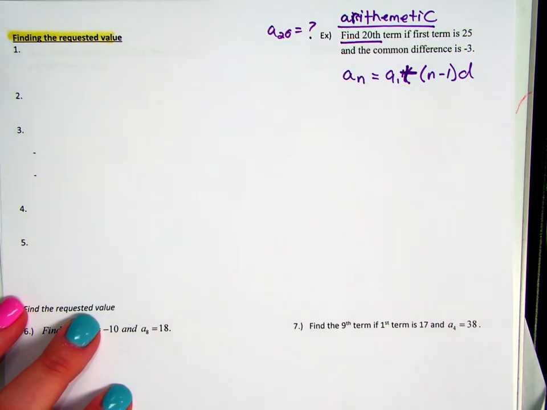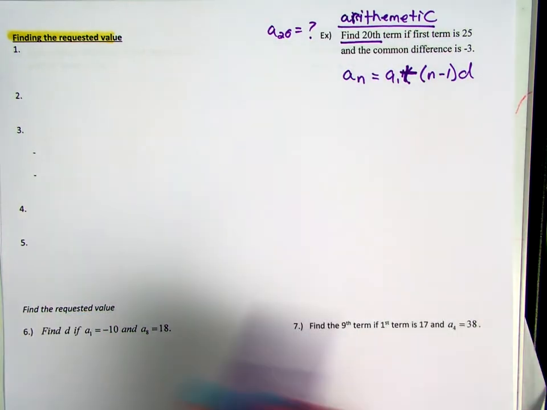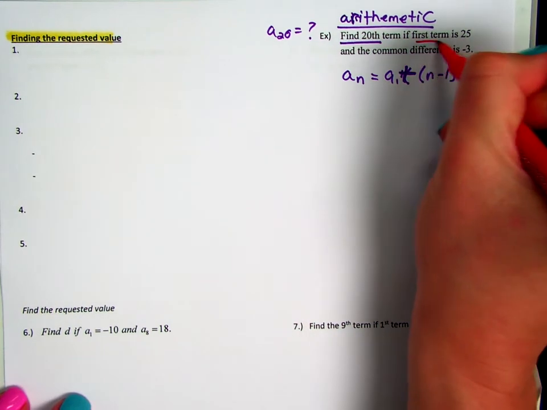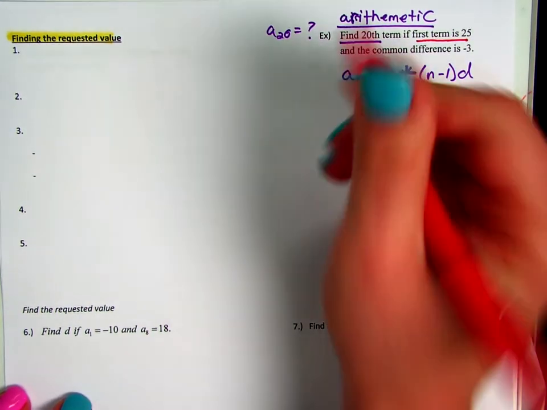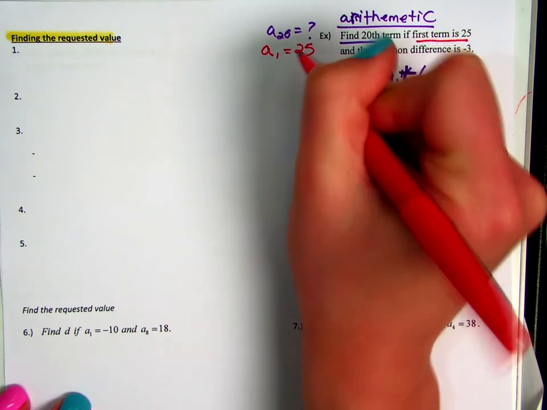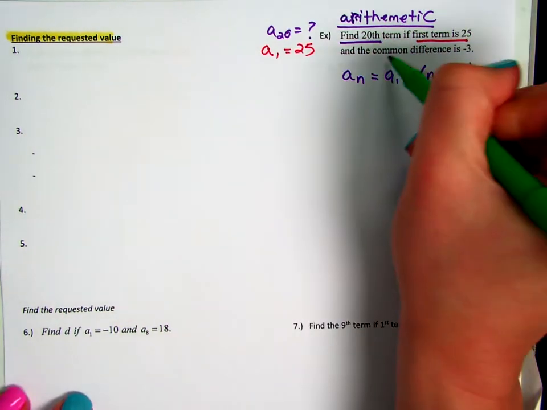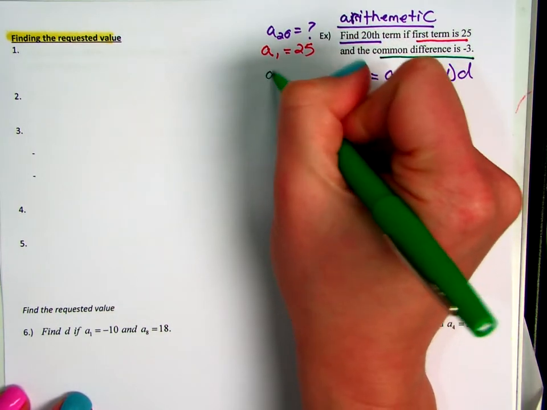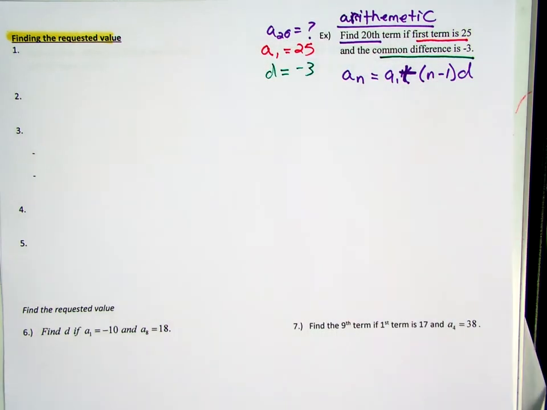I don't know what that is. That's what we're trying to find. The first term is 25, so a sub 1 is 25. The common difference is -3, so d equals -3.